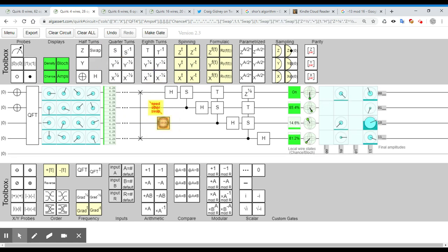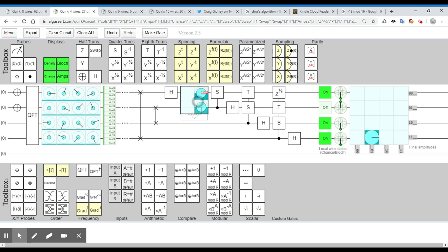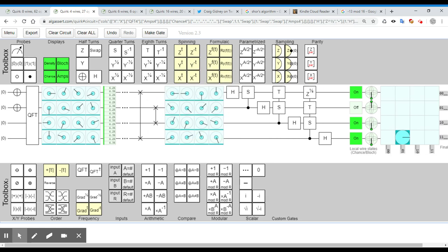So basically, how does this change after the swap? That's the first question. After the two swaps, it's messy. That makes it more complicated to understand.